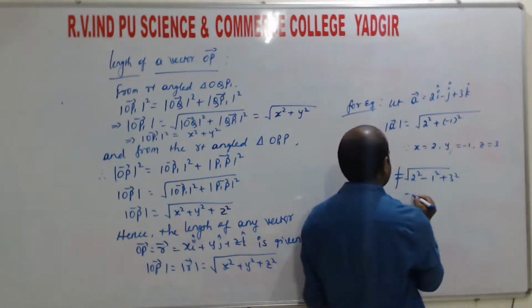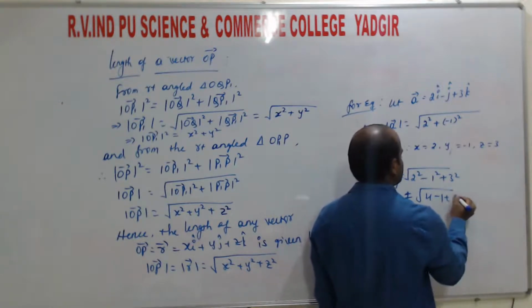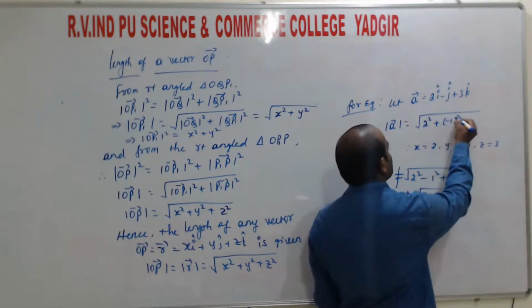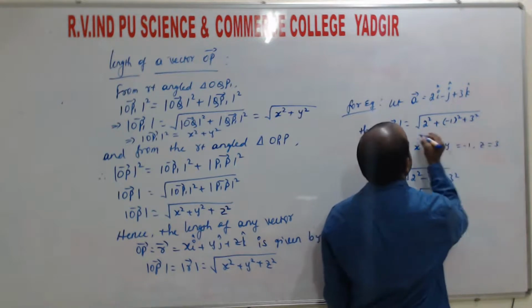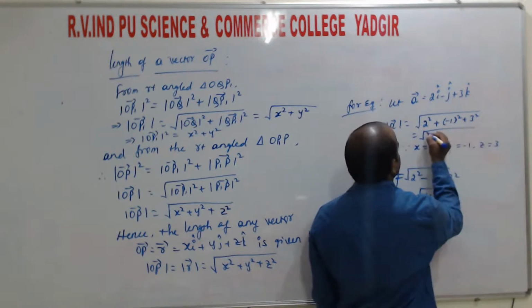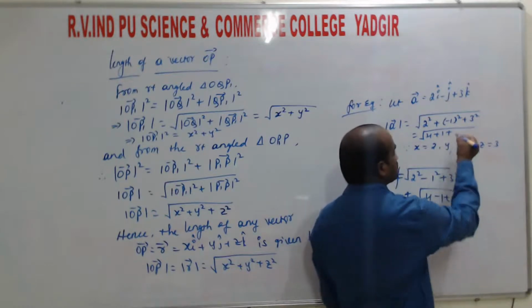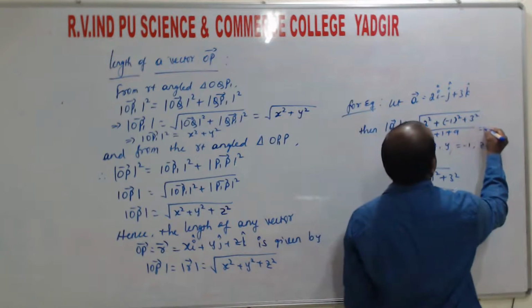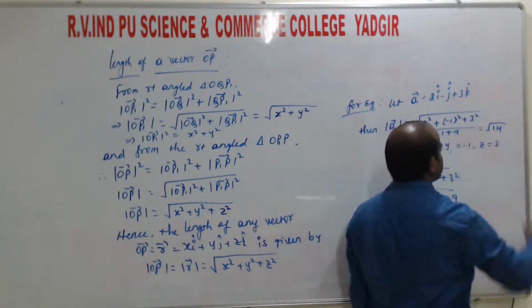If you write 4 minus 1 plus 9, it's not correct. You have to take the whole square: root of 2 square plus minus 1 whole square plus 3 square. 2 square is 4, minus 1 square is plus 1, 3 square is 9. Now the answer is magnitude of A vector is root 14.